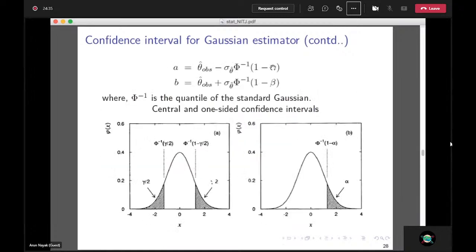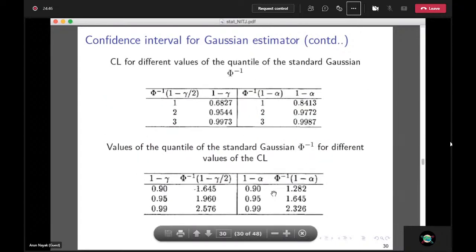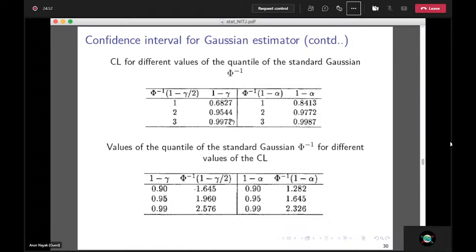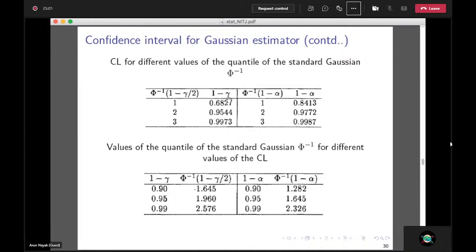Depending on what probabilities you want, the value of 1 minus alpha or 1 minus beta, you can set the value of phi inverse to get the corresponding confidence level. Or if you desire certain phi inverse values, you will get the corresponding confidence level.